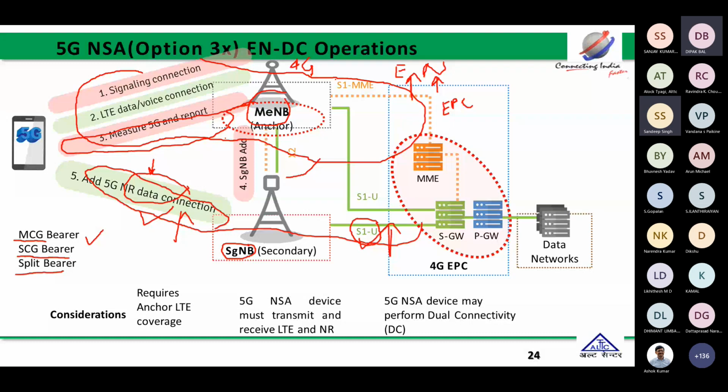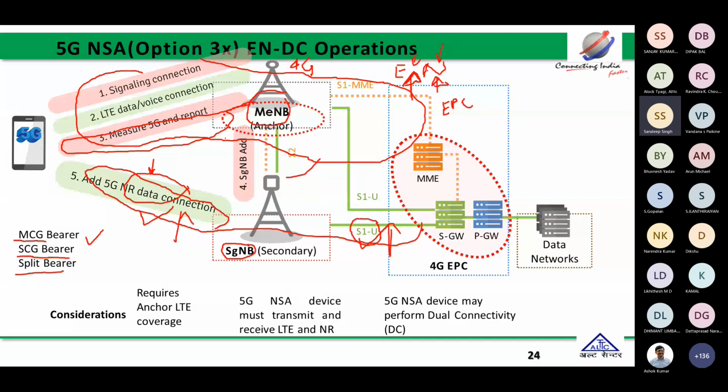The first letter tells us the master node: E is the master node, the eNode B, 4G radio. The second letter N is the secondary node, meaning new radio, the 5G node. So EN-DC.